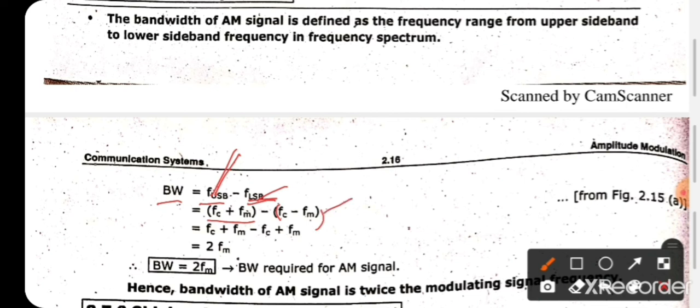By calculating this, we get 2 fm. Bandwidth is equal to 2 fm.